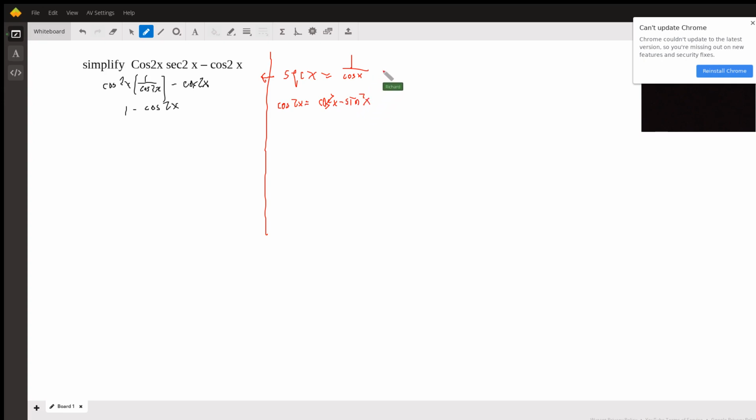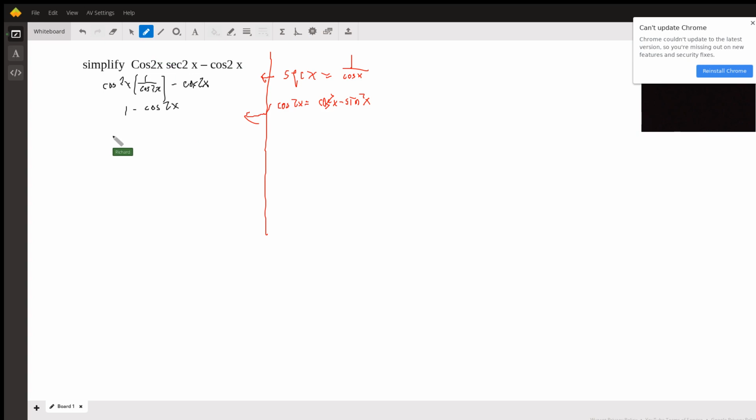That's called a double angle identity, and you would have seen this because the teacher assigned this to you. I'm going to use it in this next step here. Go back to black.